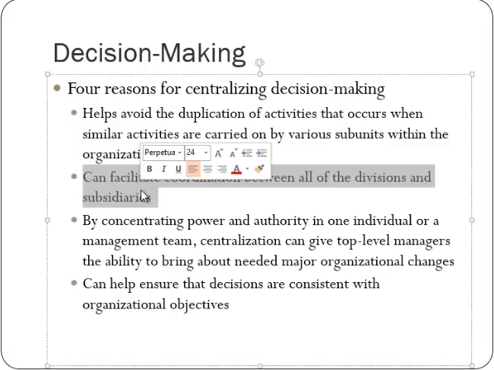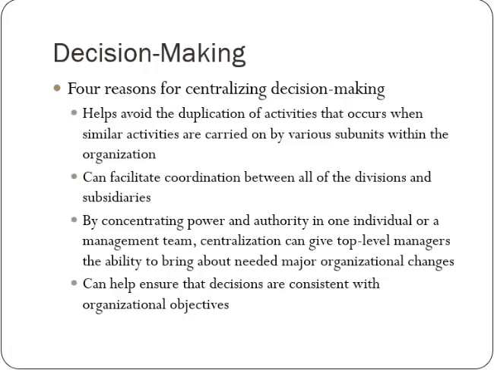You can facilitate coordination between divisions and subsidiaries. Your factory in Kentucky has to be on the same page as your human resources department in California. You want to make sure, again, not to contradict each other, not to do things that will drag each other down. By concentrating power in one individual or a small team, you can give top-level managers the ability to make needed organizational changes.